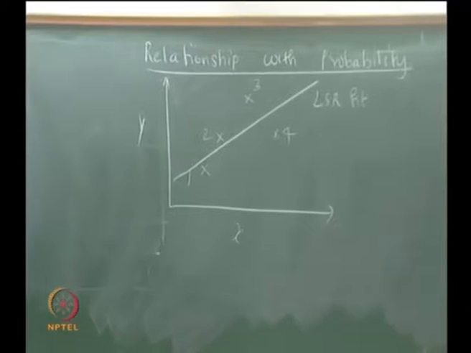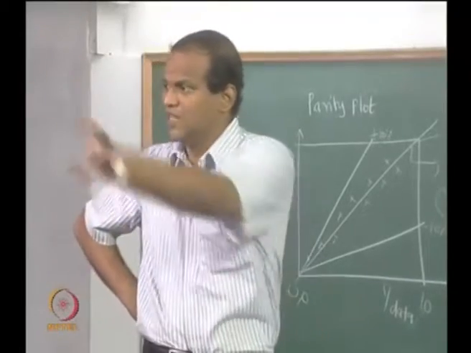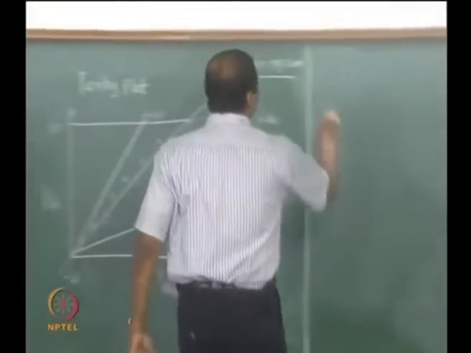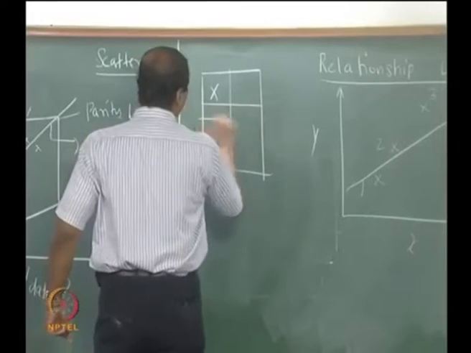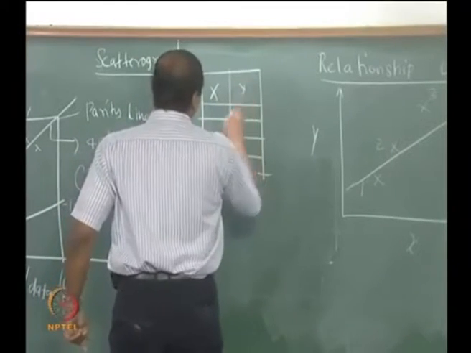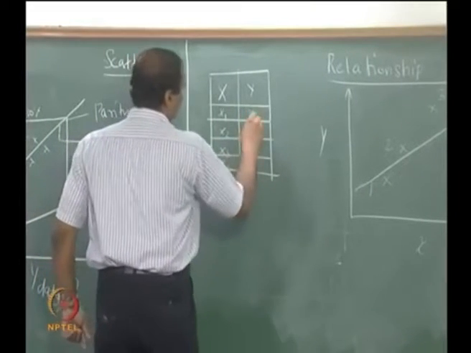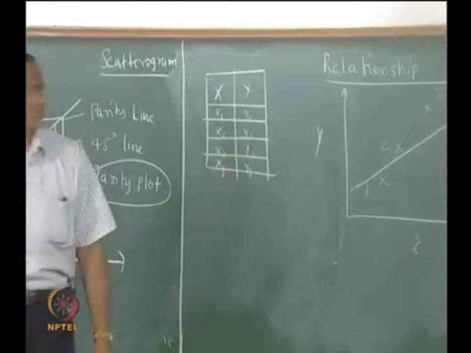Assuming that all the measurements are made with the same instrument, I can assume that the errors associated with the measurement follow a Gaussian with the same standard deviation sigma. Now for x1. For purposes of illustration I have taken only 4 points.